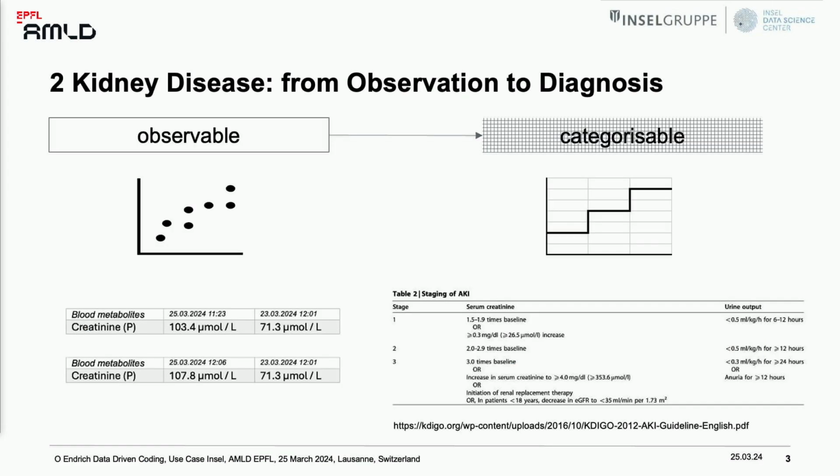The second step: how to make this observable diagnosis categorizable. There is a huge evidence of data. It's a very common disease that affects a lot of people worldwide. About 10% of the population has some kind of kidney disease. So we have a lot of data points, and experts, panels and international bodies decided to categorize kidney disease in stages. It's very simple.